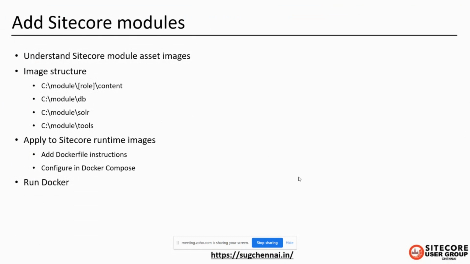Each module asset image contains resources with this file structure. The C:\module\role folder contains content to overlay the base Sitecore images.